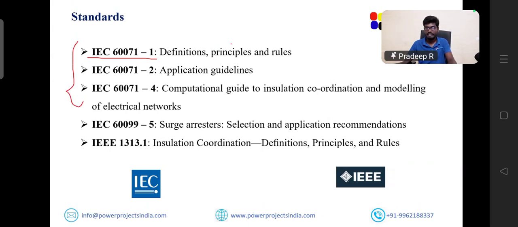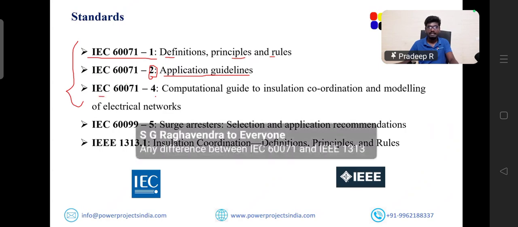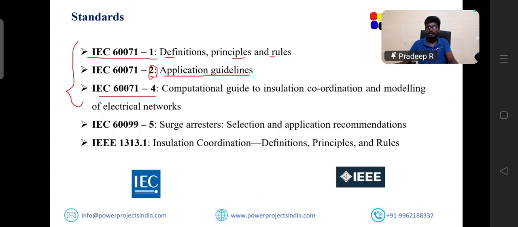The first part of IEC 60071 holds the definitions, principles and rules of insulation coordination. The second part is the application guidelines. So what are the guidelines to be adopted while performing insulation coordination? Then the fourth part is the computational guide to insulation coordination and modeling of electrical networks.